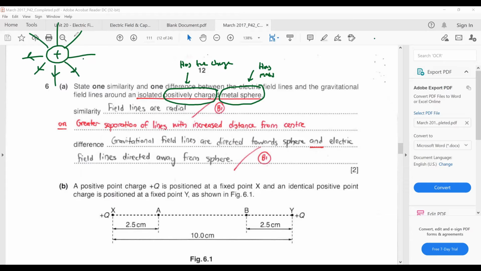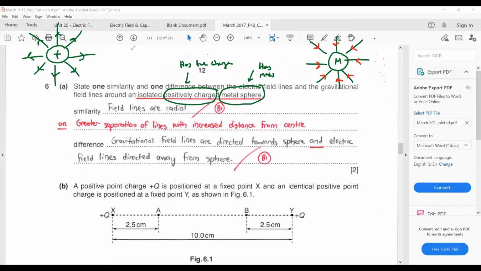Okay, it will be radial and it will be pointed outwards. If I consider the mass part of the charge sphere, where I just consider the mass, the gravitational field around the mass will be like this. Okay, but the direction will be inwards.